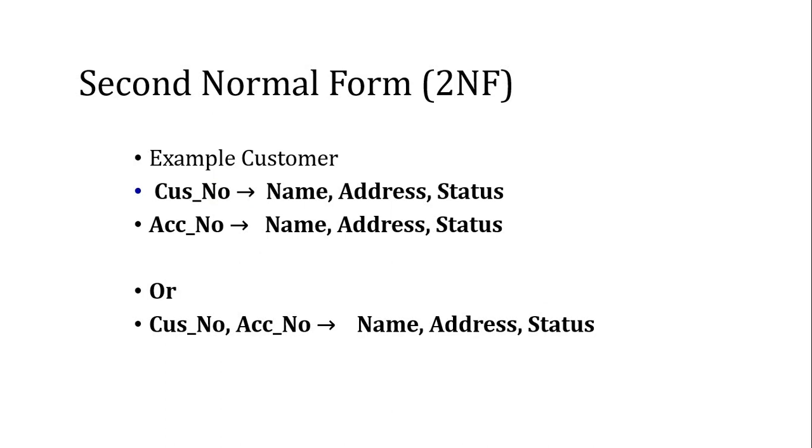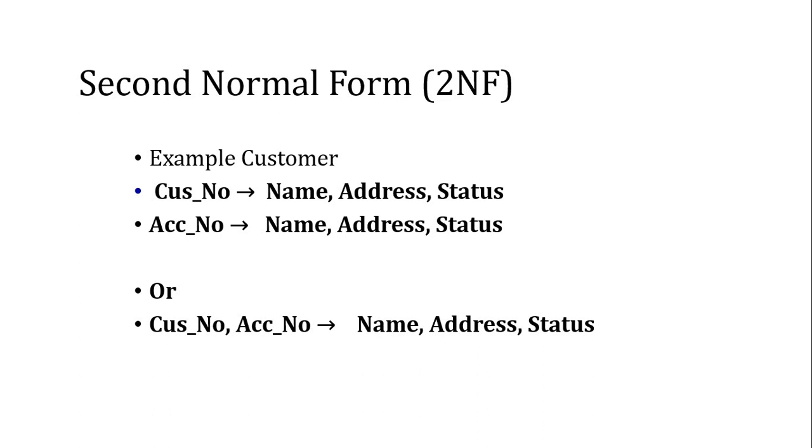So if we decompose this table, suppose this is the customer table. Customer no. determines customer name, address, and status, and account no. determines name, address, and status. Or we can say that customer no. and account no. determine name, address, and status.